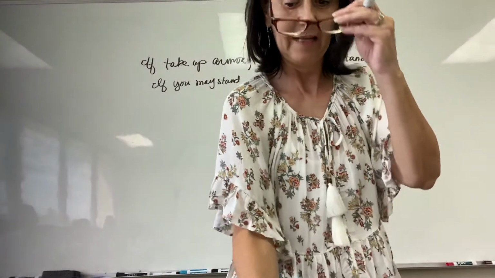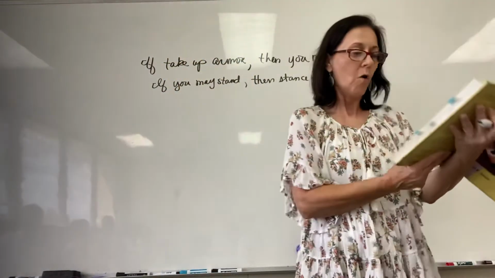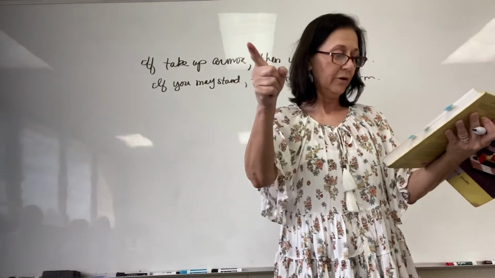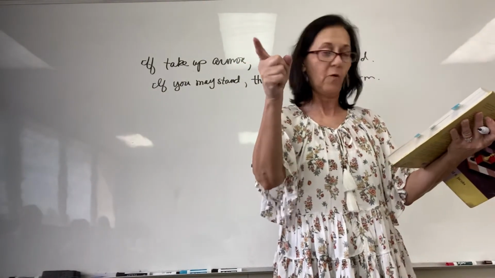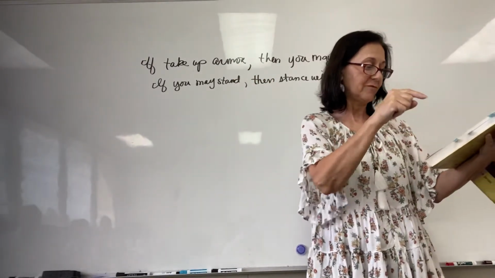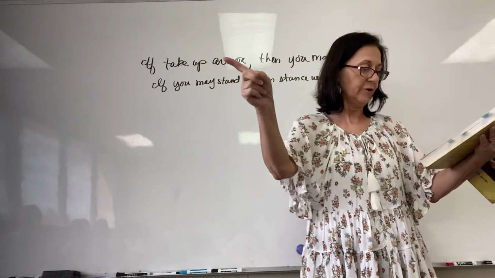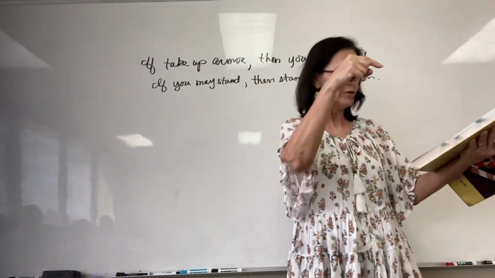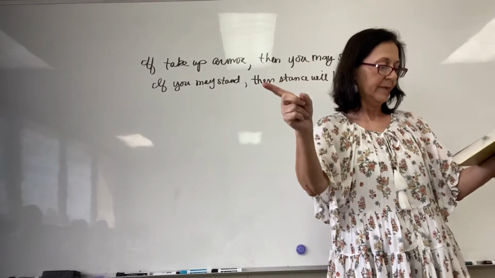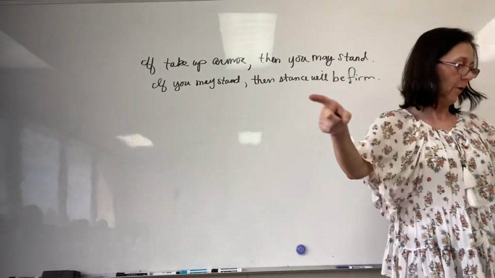Listen, if you don't walk in the counsel of the wicked and meditate on God's word, then you'll be like a tree planted by streams of water. If you're a tree planted by streams of water, then you will yield fruit in its season. If you yield fruit in its season, then your leaf will not wither. If your leaf doesn't wither, then you will prosper.